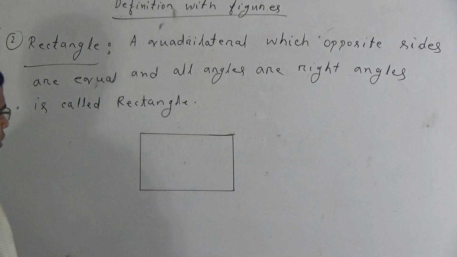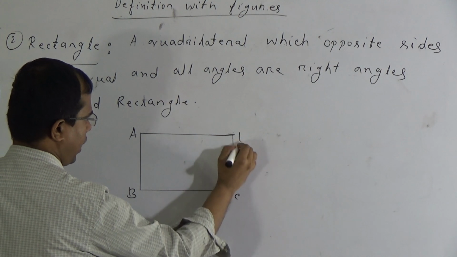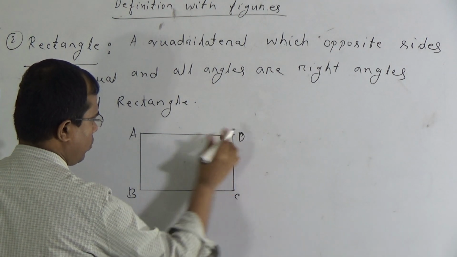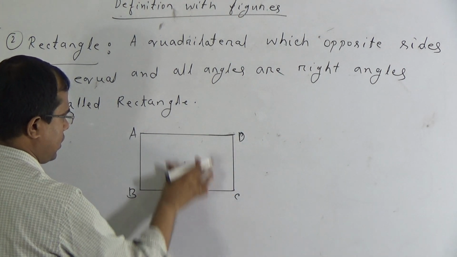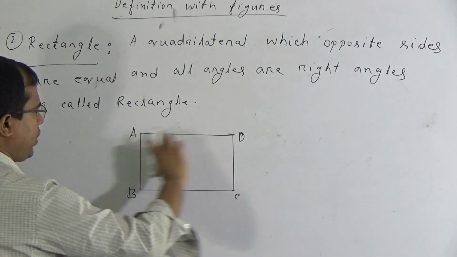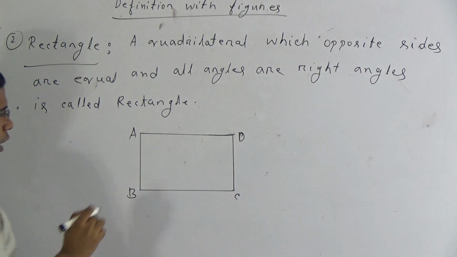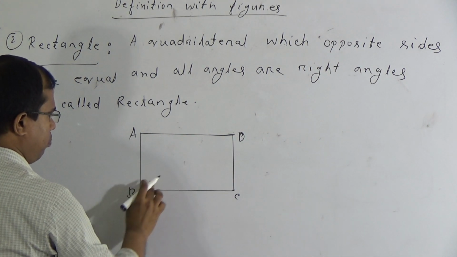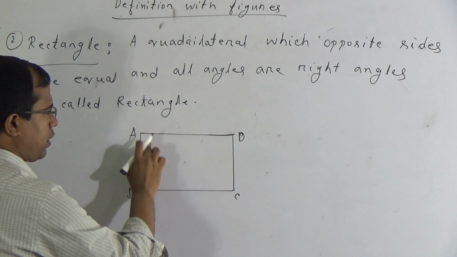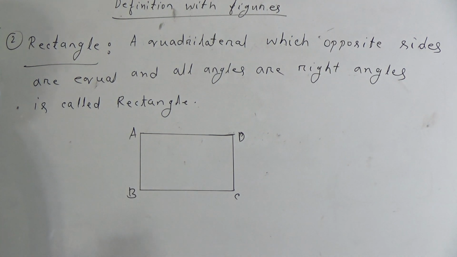Dear students, this is a quadrilateral and its opposite sides are equal. Sides AD and BC, these two sides are equal, and AB and CD, these opposite two sides also are equal, and all its angles, angle A, angle B, angle C and angle D, are right angles, so we can say that this is the figure of a rectangle.